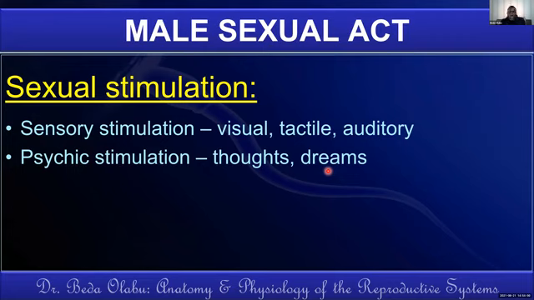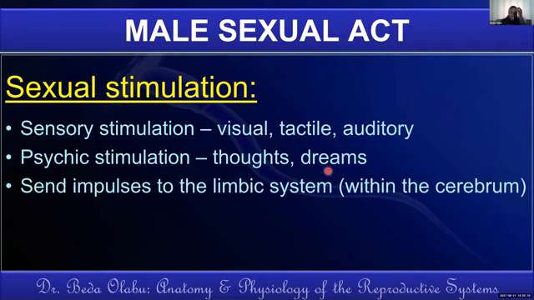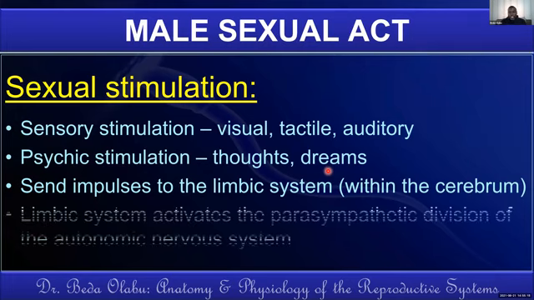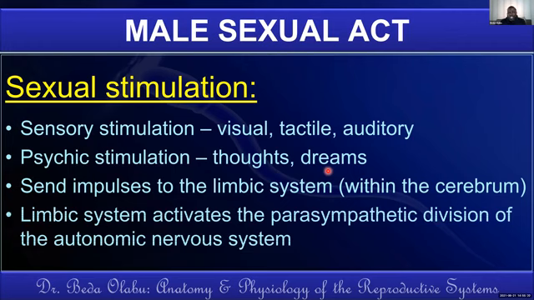and this explains why men may have wet dreams, especially during the adolescent period when there is sexual maturation. So whatever the stimulation, whether sensations or psychic, what usually happens is that information is sent to the limbic system in the brain. And the limbic system responds by activating the parasympathetic division of the autonomic nervous system.